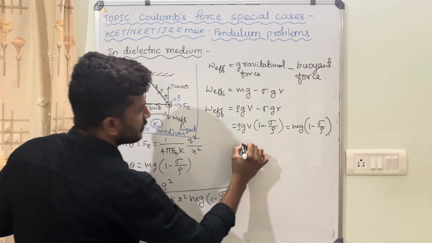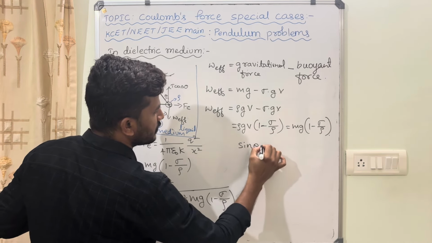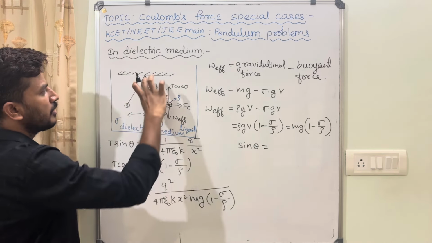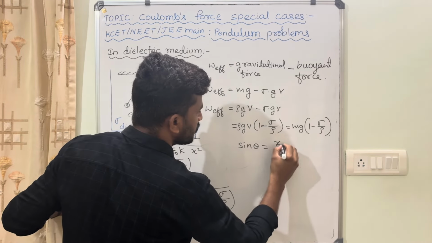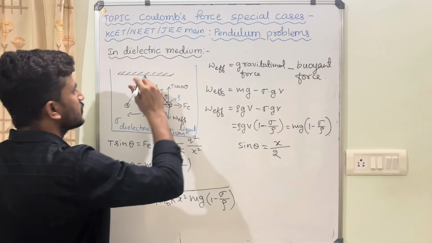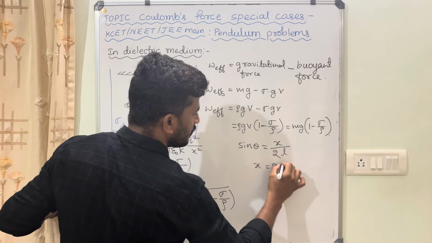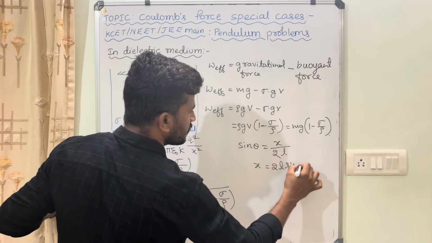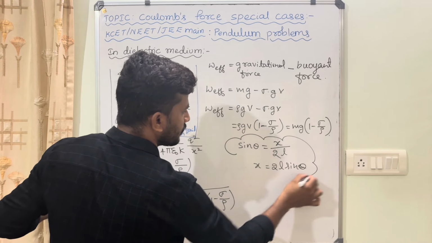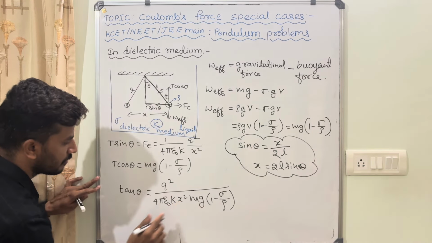Sin theta is equal to opposite by hypotenuse. Opposite is x by 2, hypotenuse is length L. So can I write x is equal to 2l sin theta? Yes or no? Yes. I will substitute the x value here.